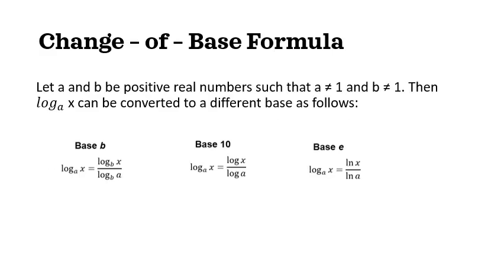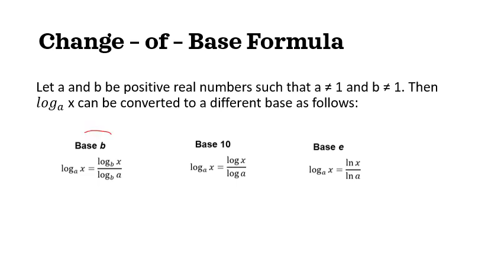So, the change of base formula. This is very helpful when the bases of your log or natural logarithm are different. Let a and b be positive real numbers such that a should not be equal to 1, and b should not be equal to 1. Then log x base a can be converted in different possible ways.